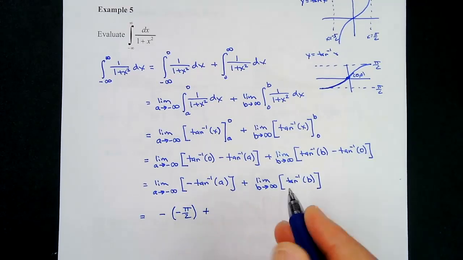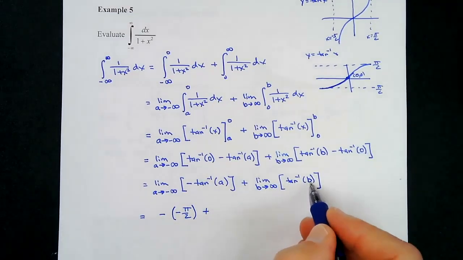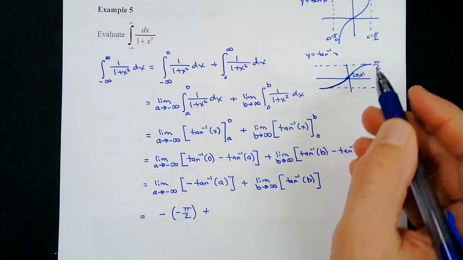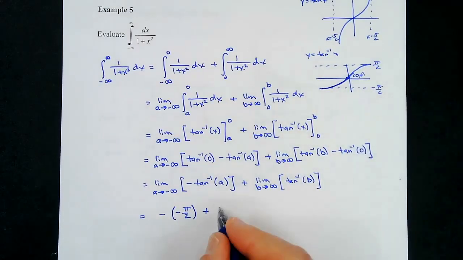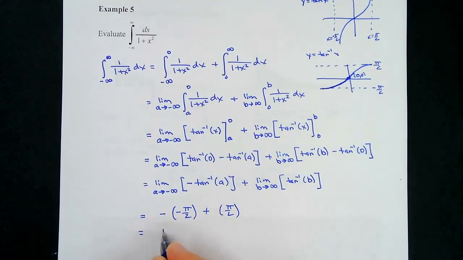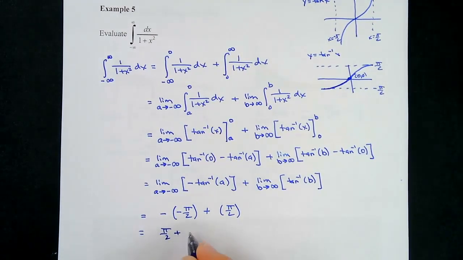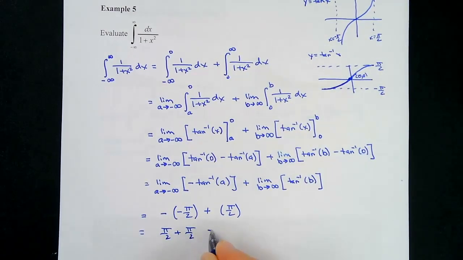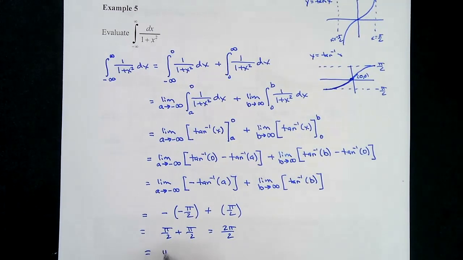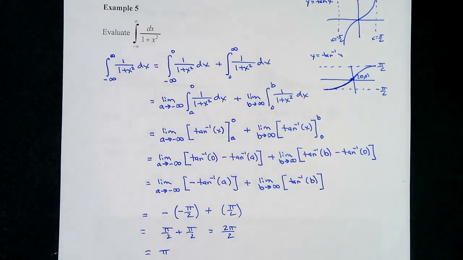And then plus, what happens when b goes to infinity? Our graph is going to go up and approach pi over 2. So this is going to be plus pi over 2. So we have pi over 2 plus pi over 2, which is 2 pi over 2, which is pi. So this integral is pi.